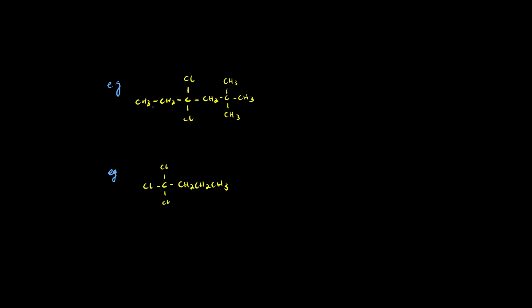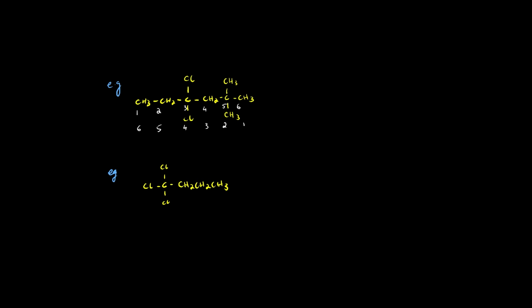Okay, now in this one, let's number. We could number from this side, and we could also number from this side. As we've studied in the previous naming of alkanes video, you can number from the left or the right side, depending which gives you a smaller number for your substituents.